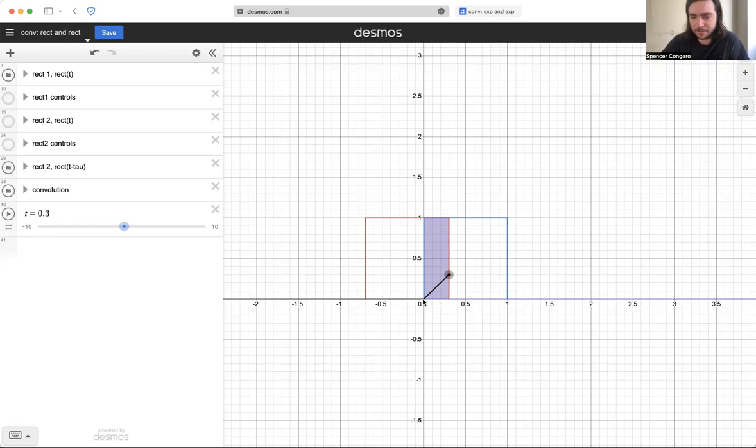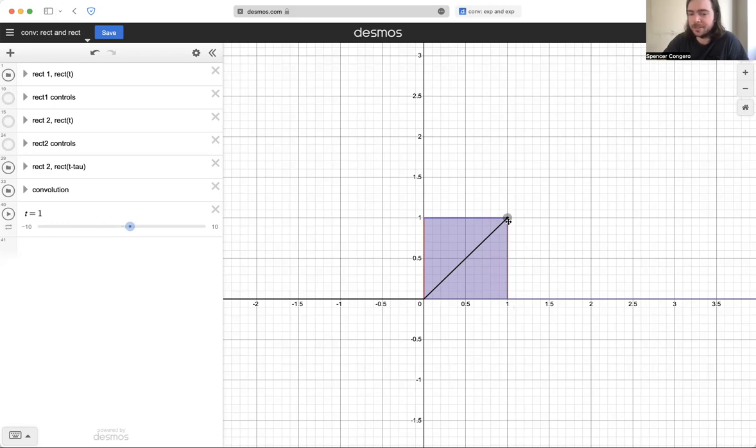What is the area of this purple? It's 0.3 times 1. That's 0.3. You can see this convolution is 0.3 right there. So this convolution line is plotting the area of the purple as I move it across. You can see this was the left half of the triangle until they're perfectly overlapped. Then when I multiply them, I get the function 1 integrated from 0 to 1, which gives me 1.